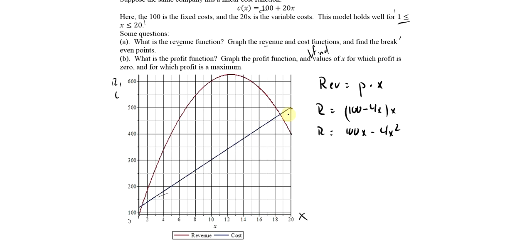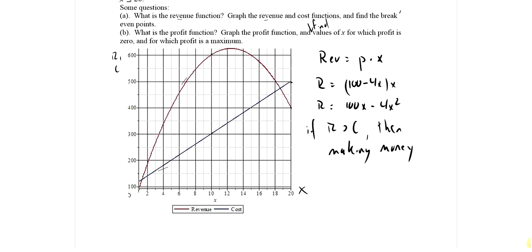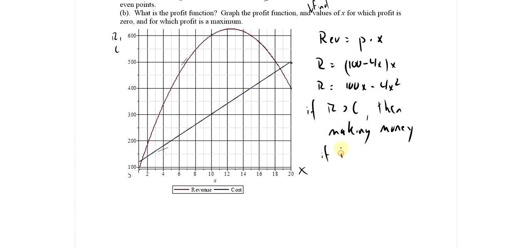So I'm actually losing money here, right? And I'm losing money here. So wherever the revenue graph is above the cost graph, R is greater than C, I'm making money. And if R is less than C, like here, your revenues are less than your cost, then you're losing money.